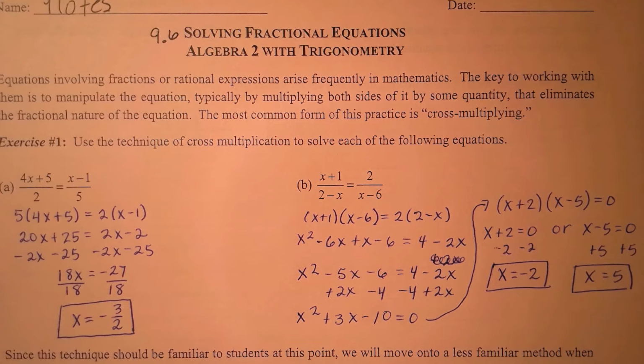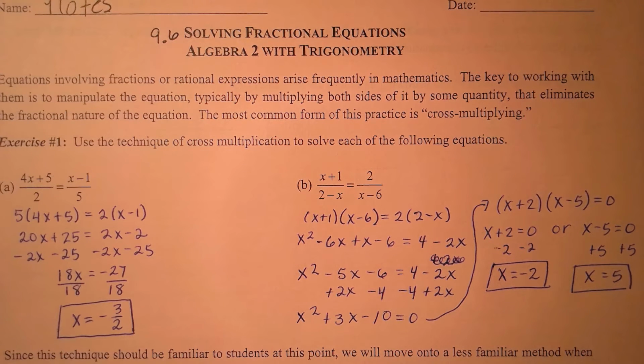This is equal to 2 times x minus 1, which results in 2x minus 2. Now subtracting 2x and subtracting 25 from both sides gives us 18x equals negative 27. Then dividing both sides by 18, we find that x equals negative 3/2.